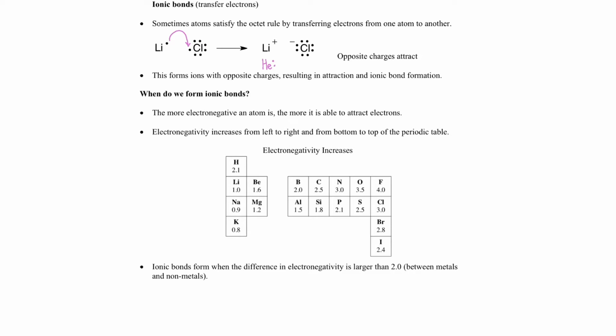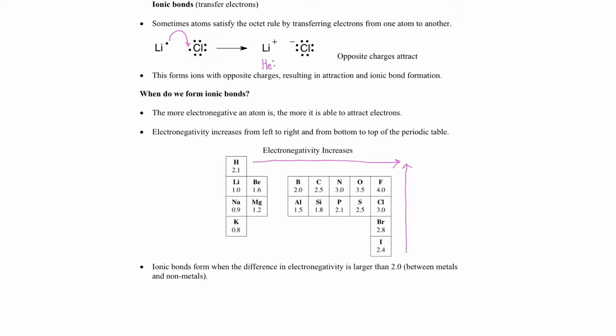Electronegativity increases from the left to the right of the periodic table and from bottom to the top of the periodic table. So chlorine is right here. Chlorine is pretty electronegative, so it's able to pull the electron away from lithium.